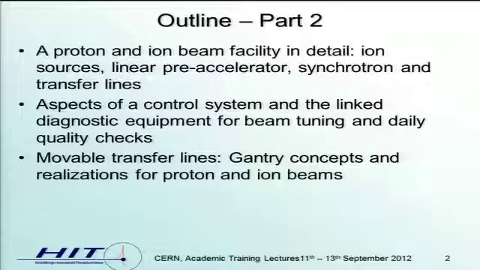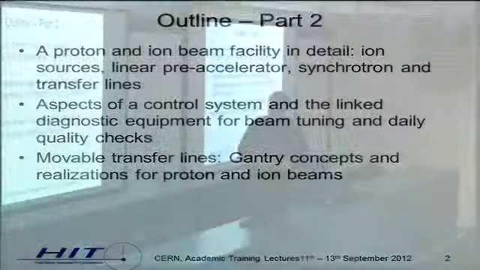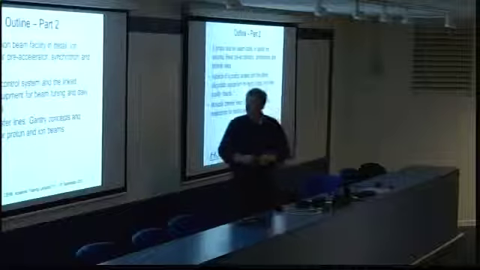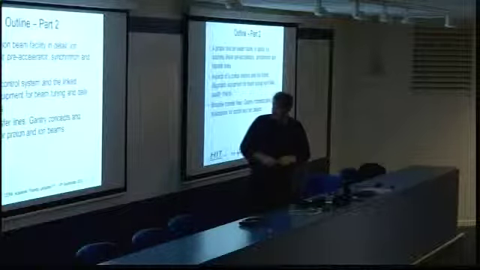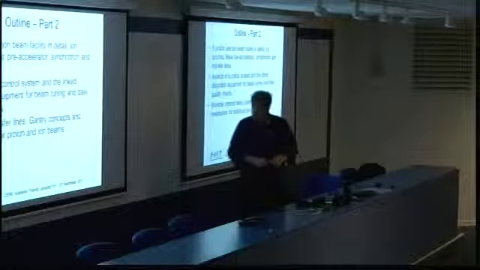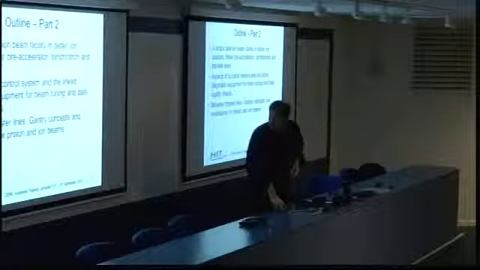Then I want to have a short part about the aspects of the control system. For that, I can only say some words because it would be worth giving a separate talk on this. And the last chapter for today is about the movable transfer lines, or as we say, gantries, and what the concepts and the realizations are.